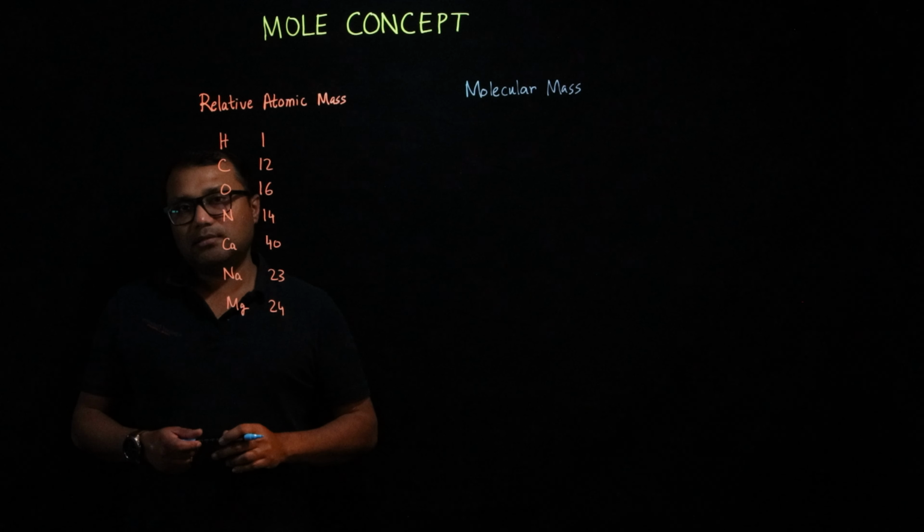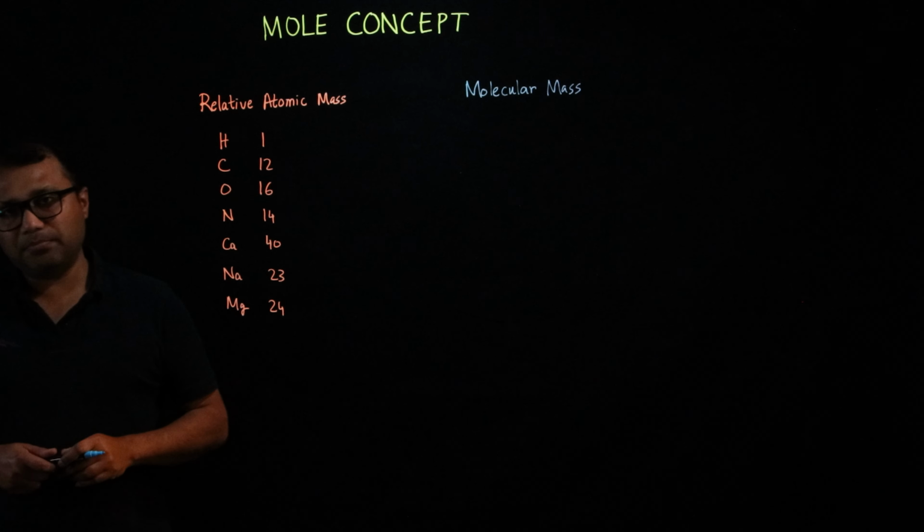So molecular mass, as the name suggests, applies to molecules, and it is nothing but the sum of the atomic masses of all the constituent atoms. It's as simple as that.